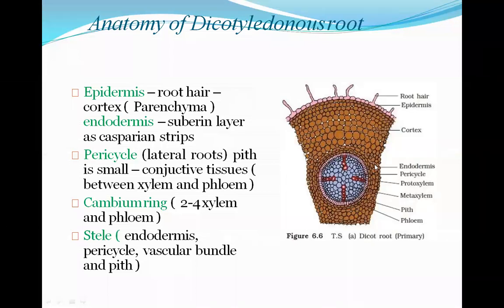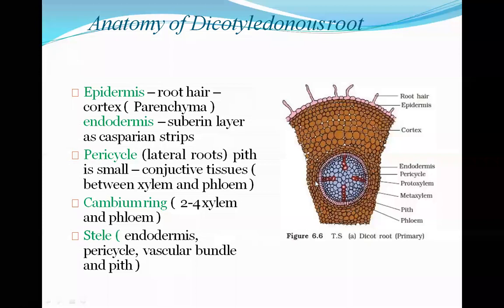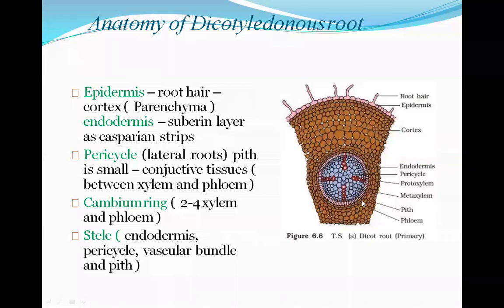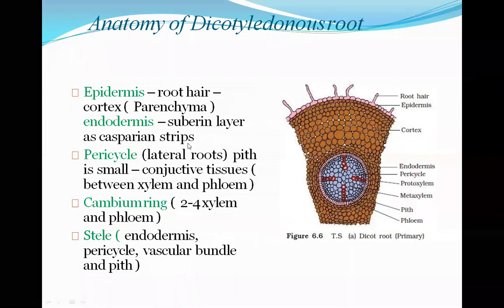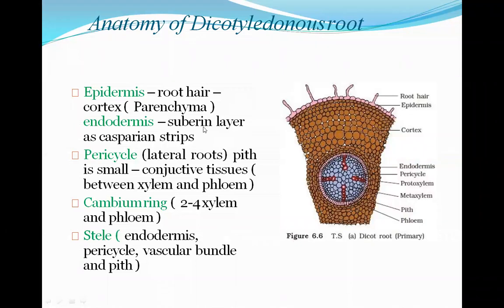There is the presence of the endodermis. You can see here the cells which are elongated in shape and they are forming a circular-like structure where I'm showing the cursor. These cells are the endodermis cells, and they are forming Casparian strips, right? This layer is said to be the suberin layer, because it is made up of suberin.